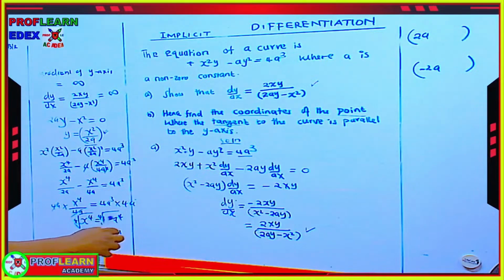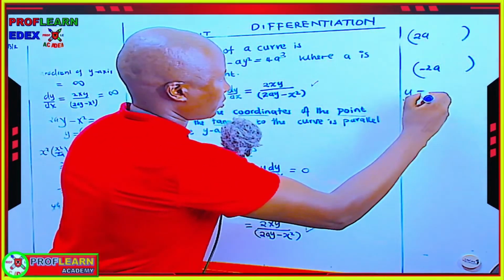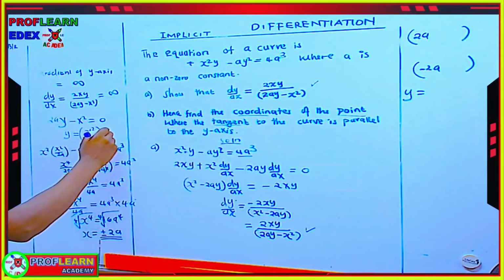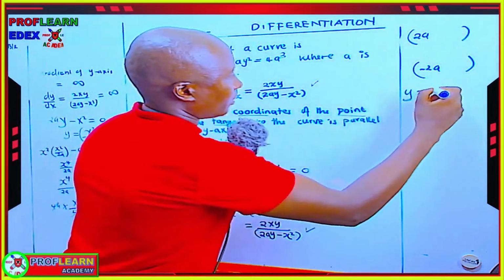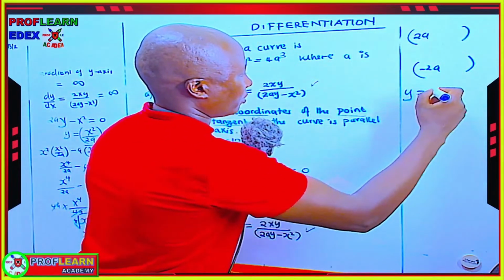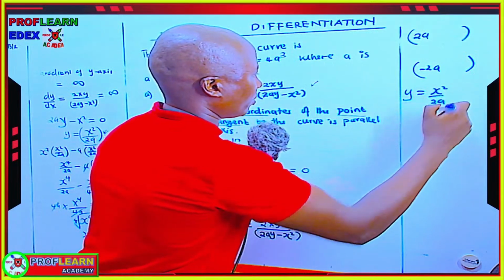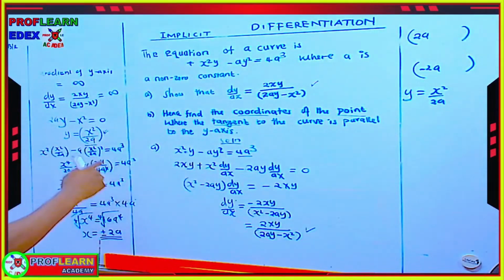But remember, y equals what? y is equal to x squared over 2a, from this equation that we were having here.